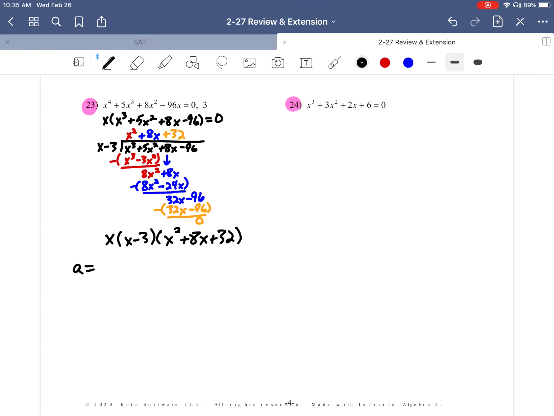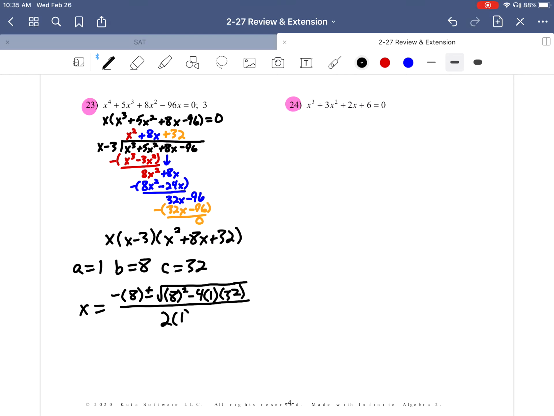So I have a equal to 1, b equal to 8, c equal to 32. x equals negative b, negative 8, plus or minus the square root of b squared, 8 squared, minus 4 times a times c, all over 2a.